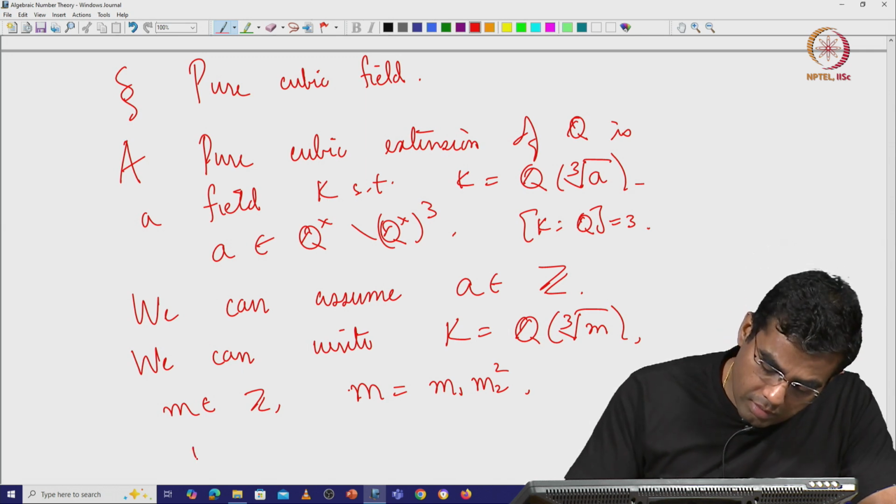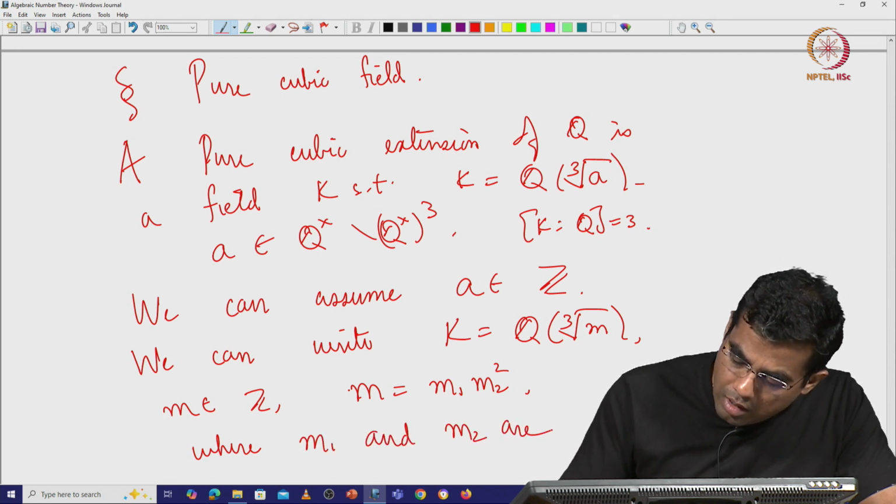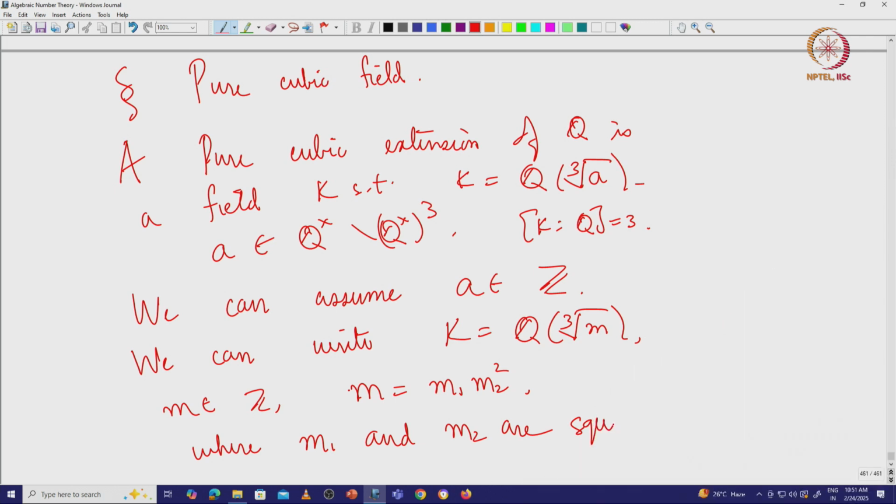So A is already a positive integer, because if A is a negative integer, the cube root of A is minus the cube root of minus A, and they generate the same number field. So M1 and M2 are square free positive integers.